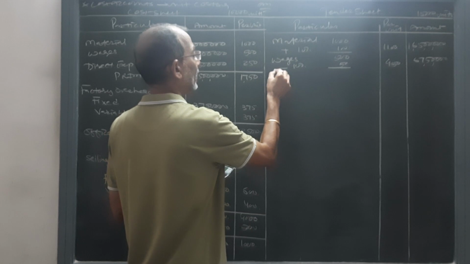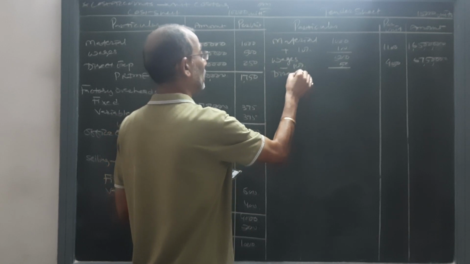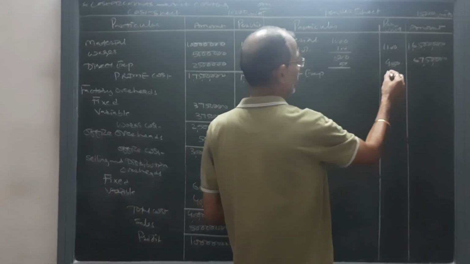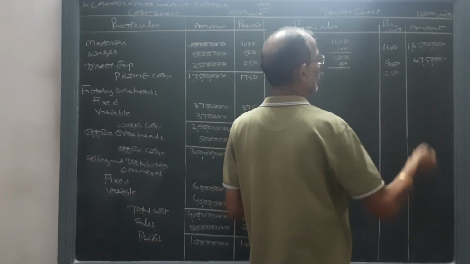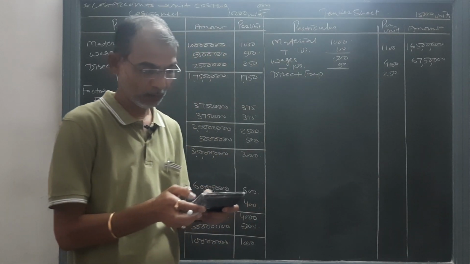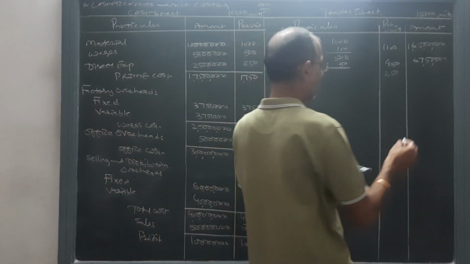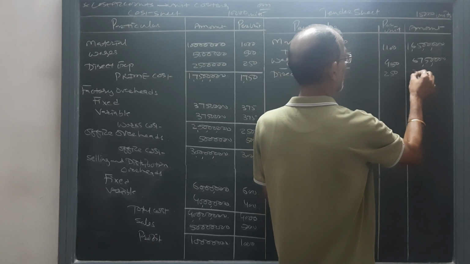Then after direct expenses, nothing has been said for that, so those will remain as it is. 250 into 15,000, 37 lakh 50,000.